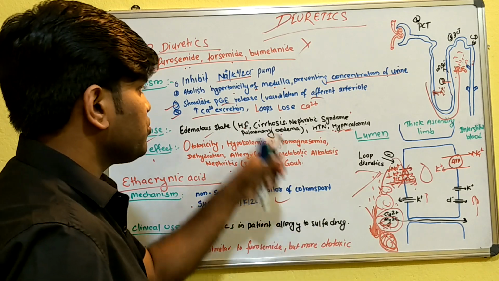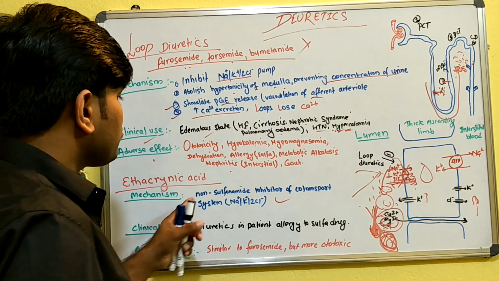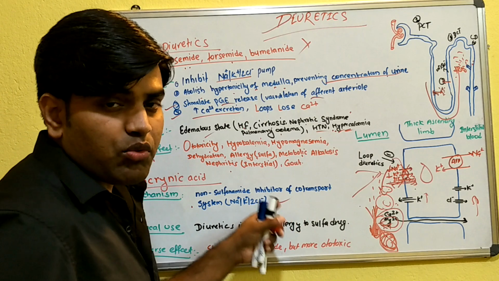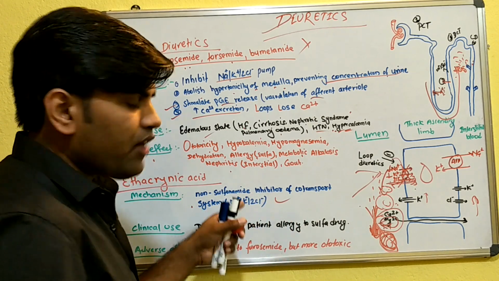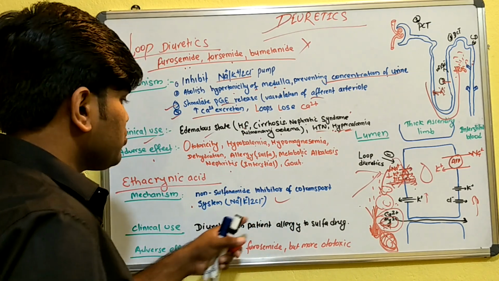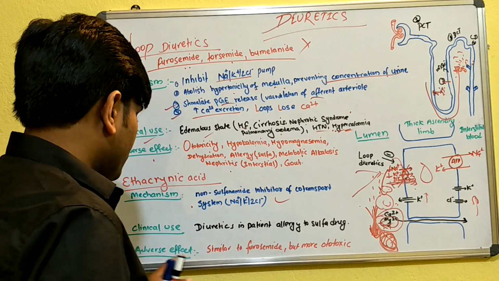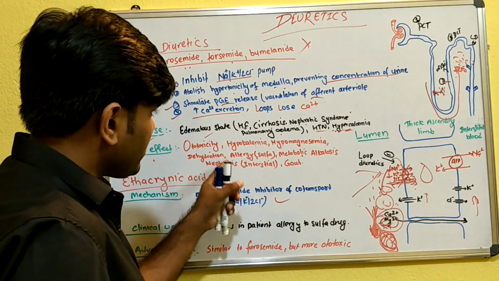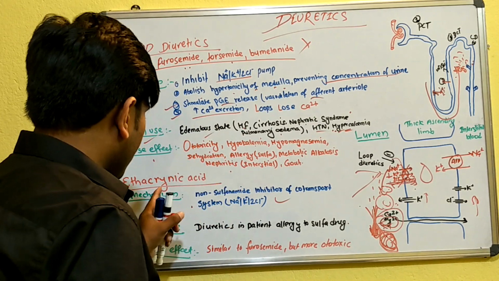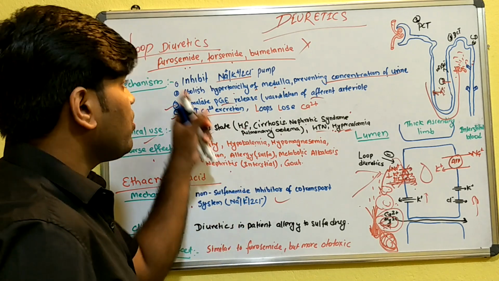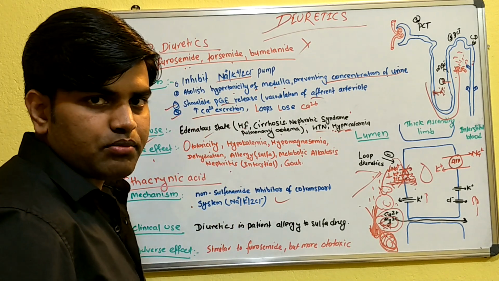The mechanism is the same as the other loop diuretics. The clinical use is in patients allergic to sulfur drugs. The adverse effects are almost the same; only the ototoxicity of ethacrynic acid is more than that of other loop diuretics.